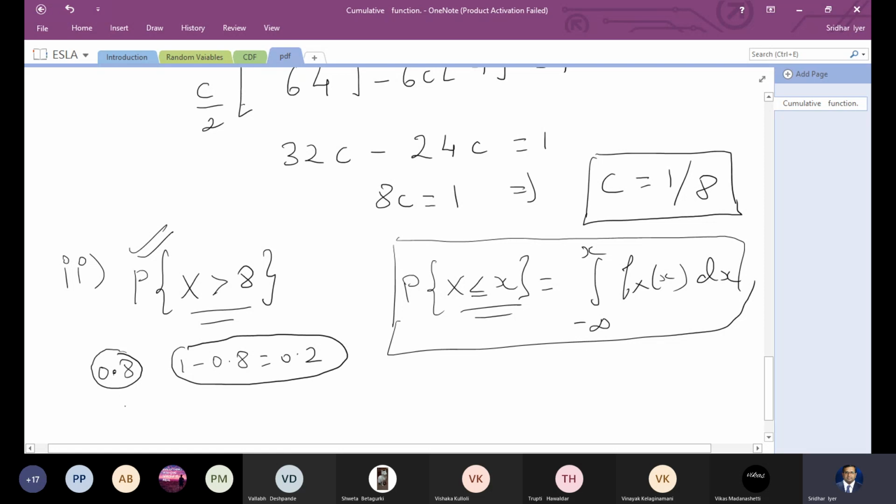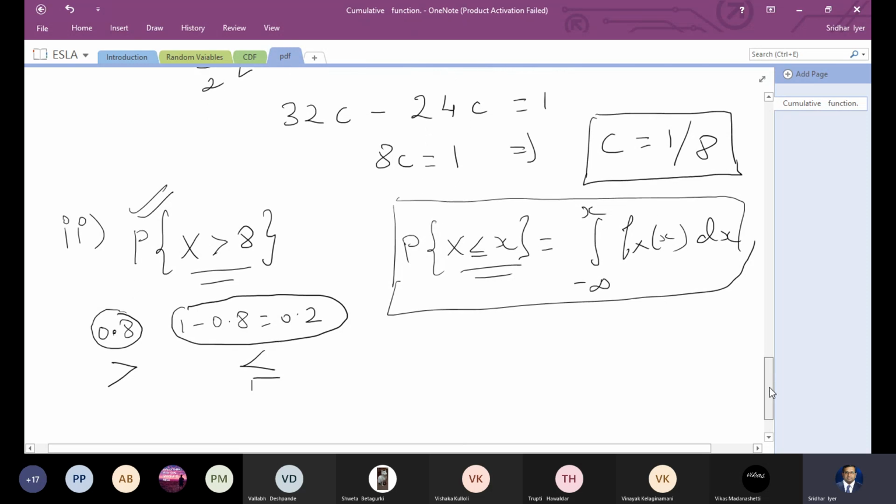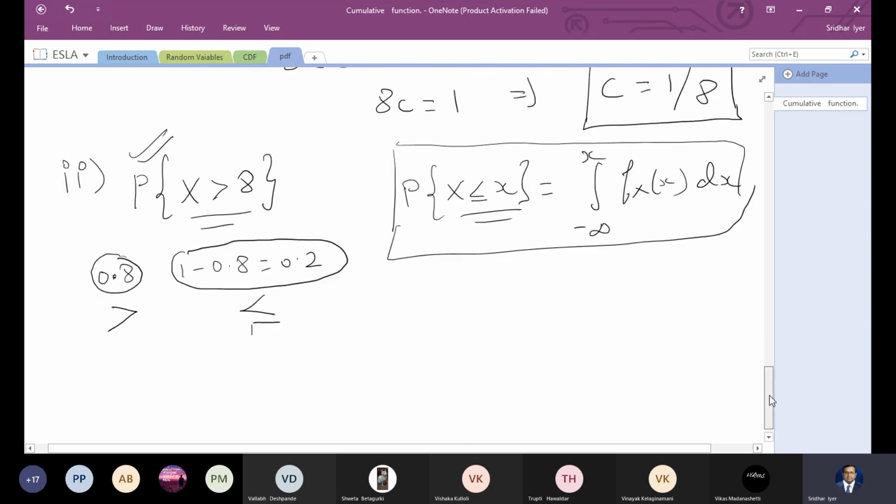Therefore, if I have to convert the greater than symbol into a less than or equal to symbol, then what should I do? See, this is the total probability of occurrence here, right?